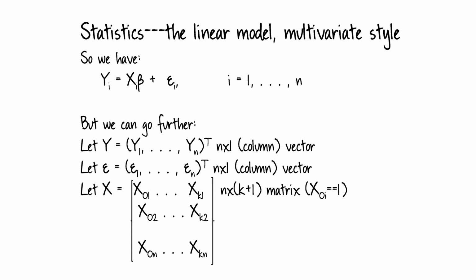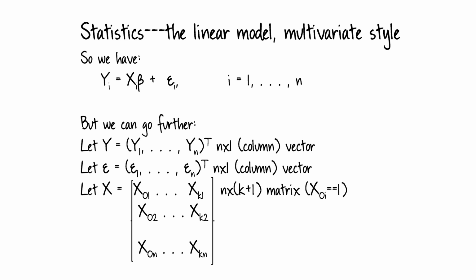If we let y be the column vector of all of the observations on the dependent variable, let epsilon be the column vector of all of the errors, and let x be the matrix where across the rows we have a column of ones and then a column of each of the explanatory variables, and down the matrix we have each of the observations. Each observation corresponds to a row.